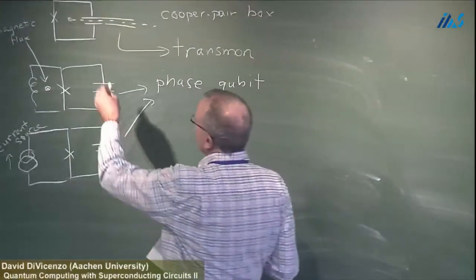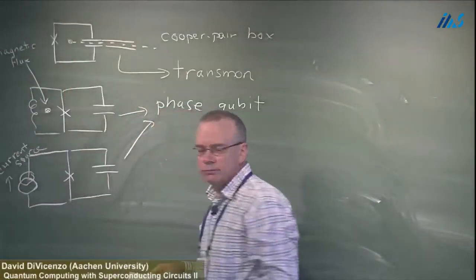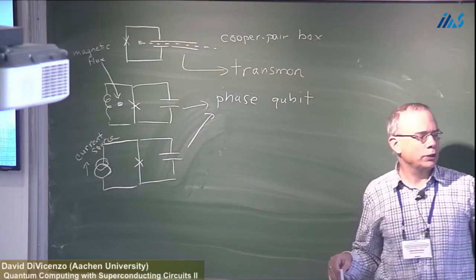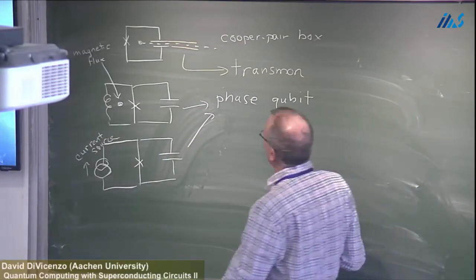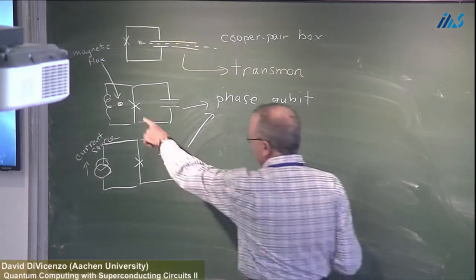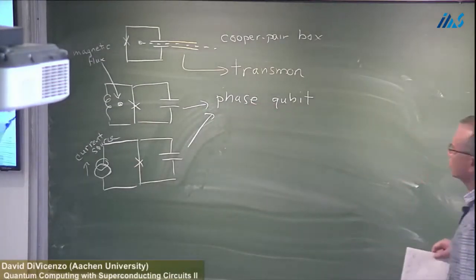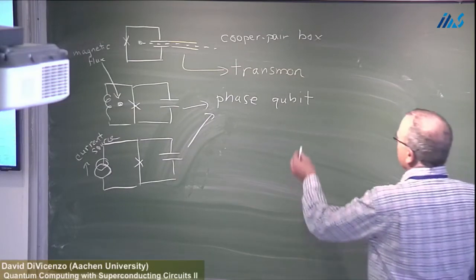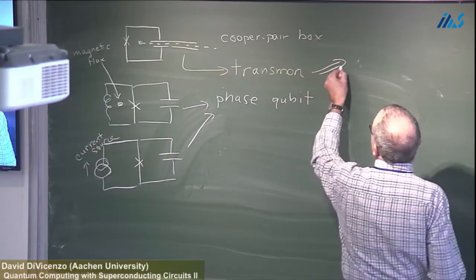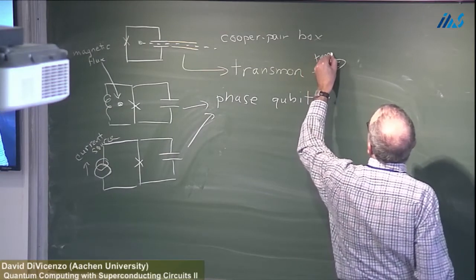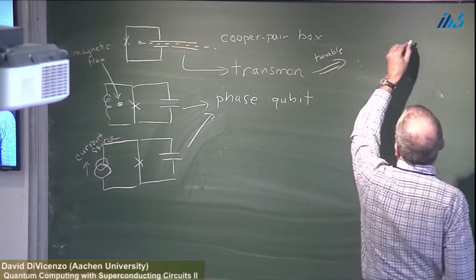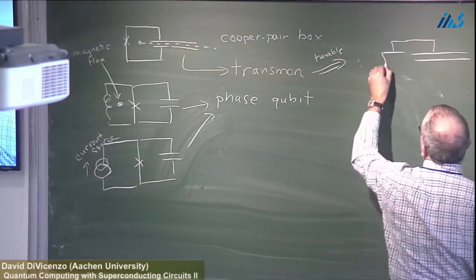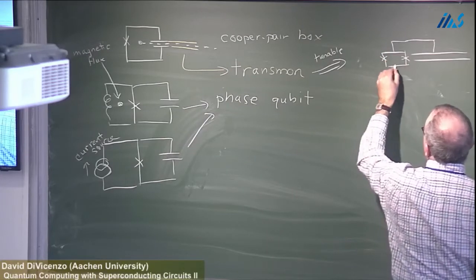So the way you say it pictorially is that this wire isn't actually closed. So it's not actually enclosing a magnetic flux. So that if you put one there, it doesn't do anything. You can gauge it away. Here, I'll discuss the examples where that's not true and where the magnetic flux really makes a difference. There is an exception. There's the tunable transmon, which is, again, the same thing, big capacitor, but now this DC squid structure.